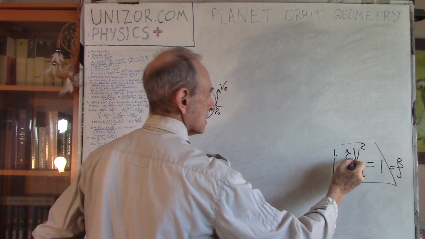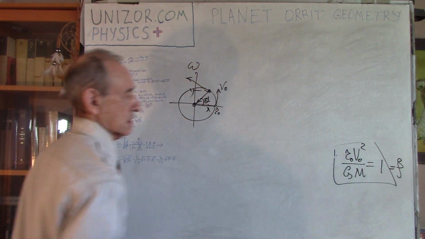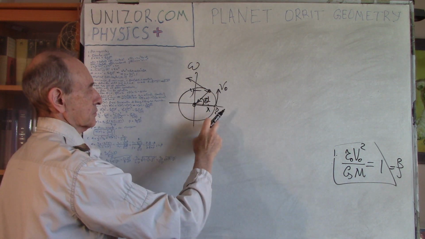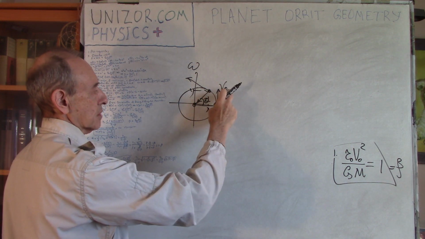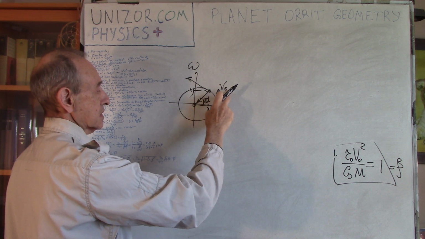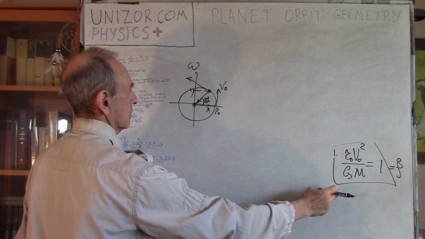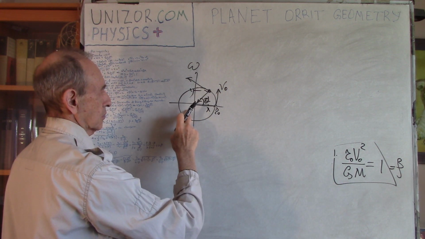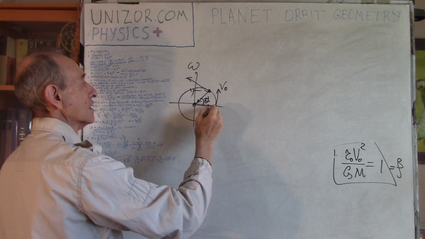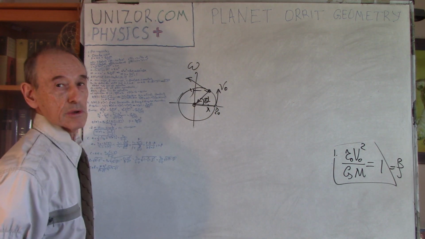Only in case this is equal to 1, only in case the product of radius times speed square divided by gm, where m is the mass of the body in the center, only then will the orbit be circular.